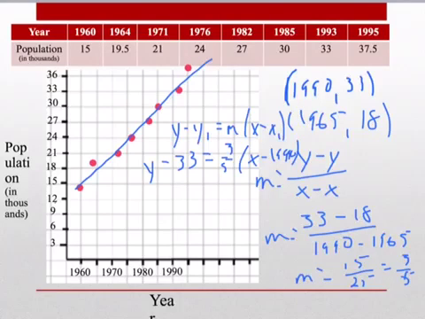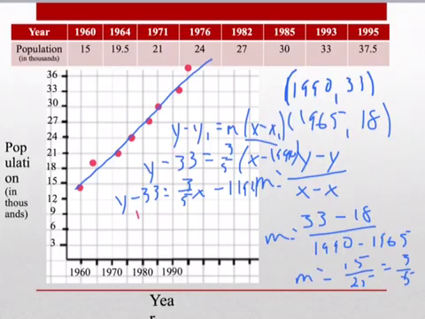Okay, so now let's solve for y to get it in slope-intercept form. The first thing I want to do is distribute. So I would have y minus 33 is equal to 3 over 5x. Then when I do 3 over 5 times negative 1990, I get negative 1,194.